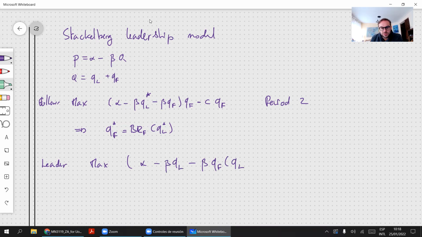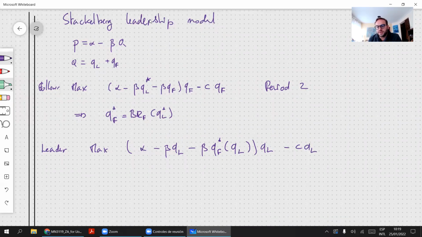The leader knows how the follower is going to react, so when I make my decision of how many units to produce, I have to take into account that my decision is going to influence the follower. This happens in the first period.